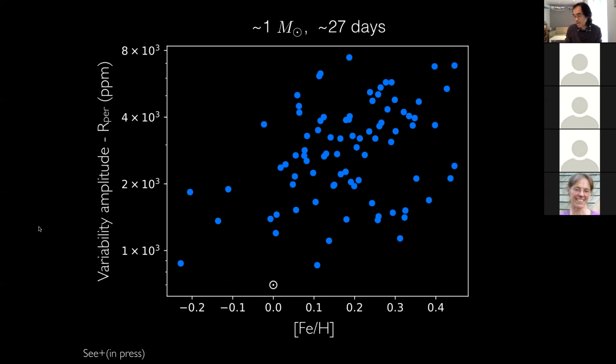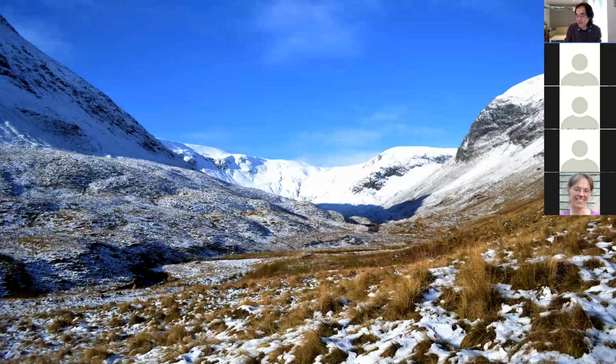And as Timo said, the sun here is seemingly at the bottom of its bin, the lowest activity star in its bin. But what we could maybe say is that if we could observe the variability amplitudes for more metal poor stars, this trend might actually keep continuing.